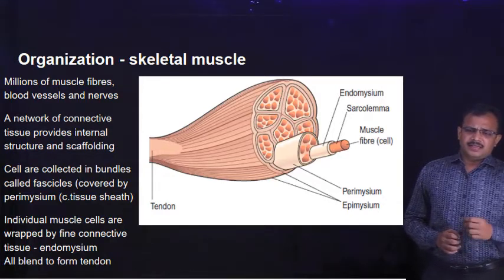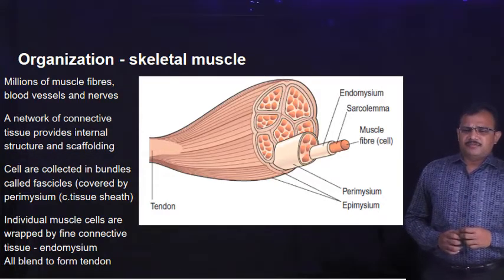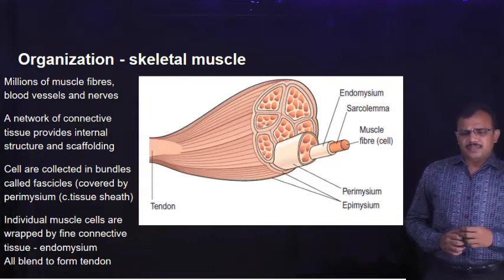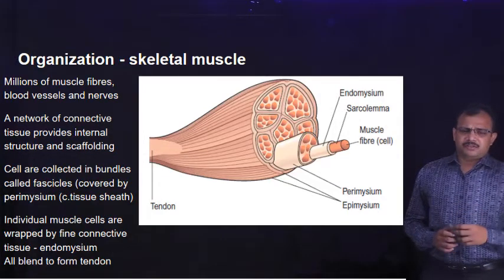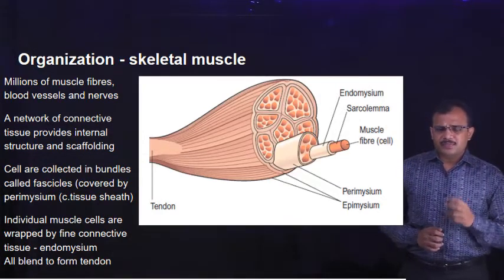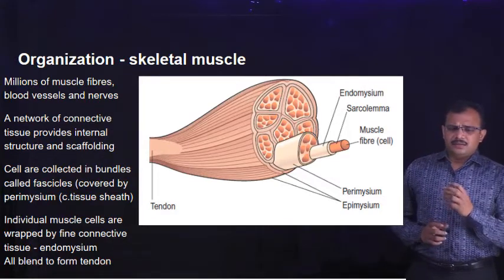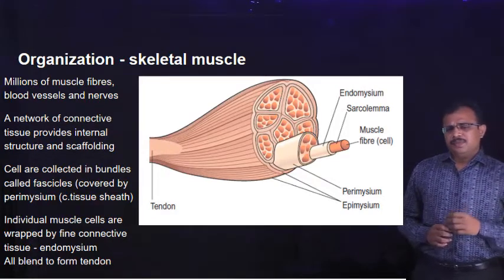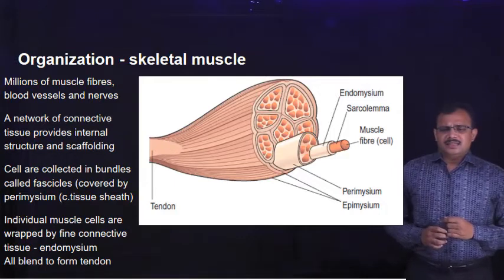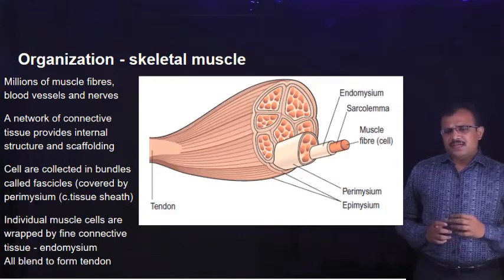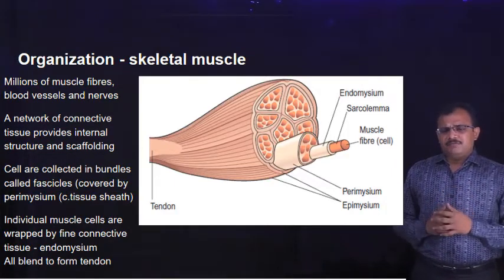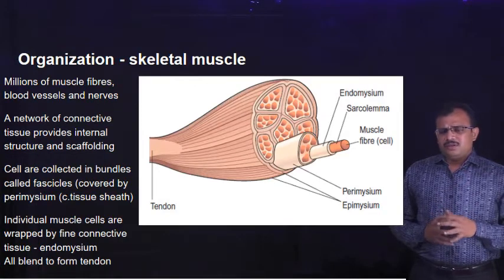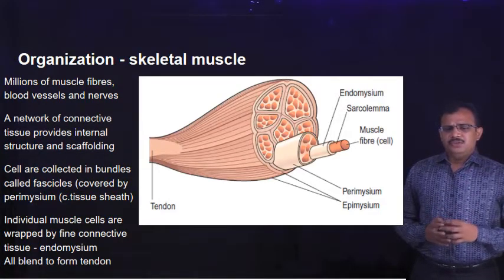Generally, the skeletal muscle consists of bundles of muscle fibers. So hundreds of thousands of muscle cells are grouped together into bundles, and generally these muscle fibers are wrapped in a tough fibrous tissue called a connective tissue sheath.